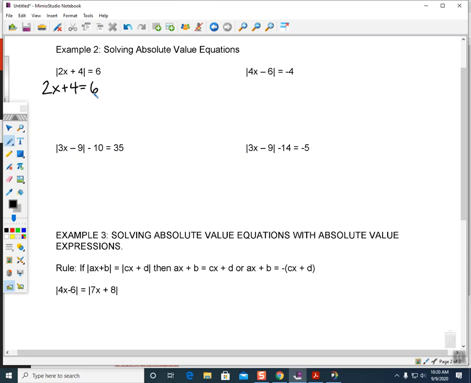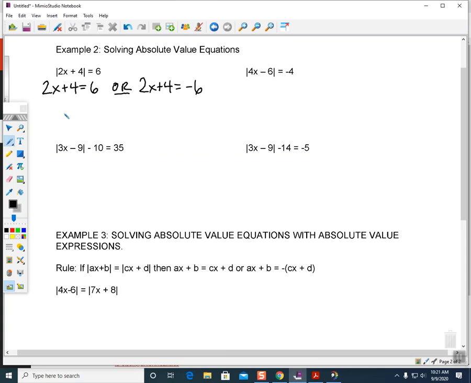So my two equations are 2x plus 4 equals 6, or 2x plus 4 equals negative 6. I keep the first expression. I negate my other expression. Make it negative.